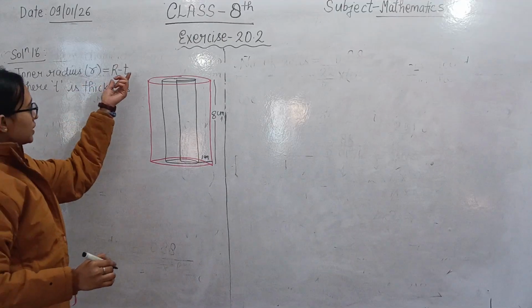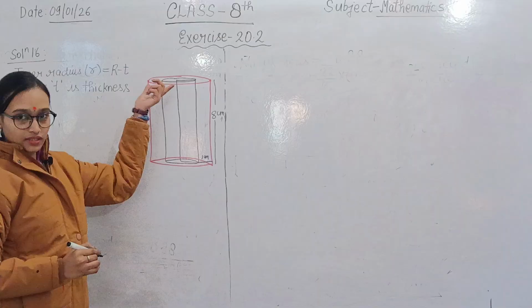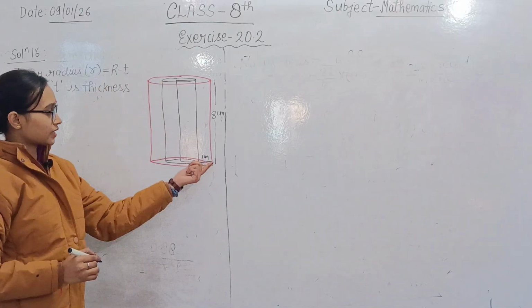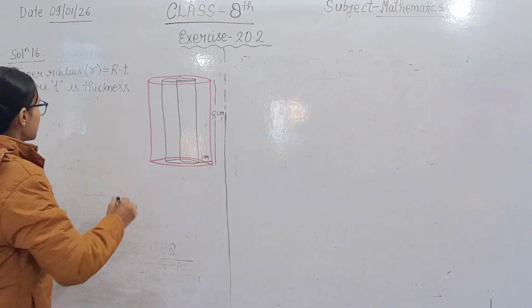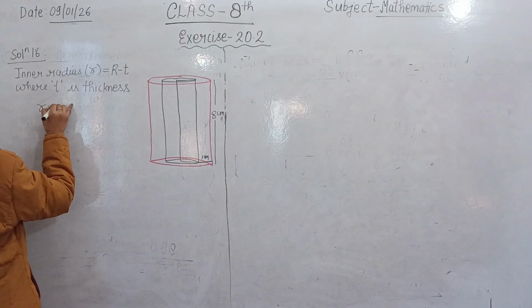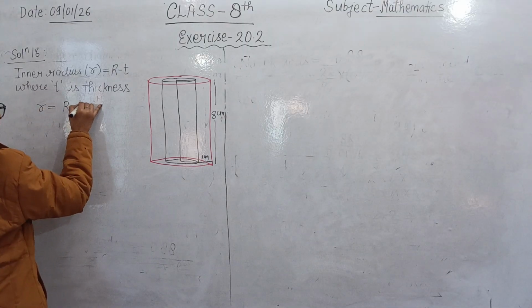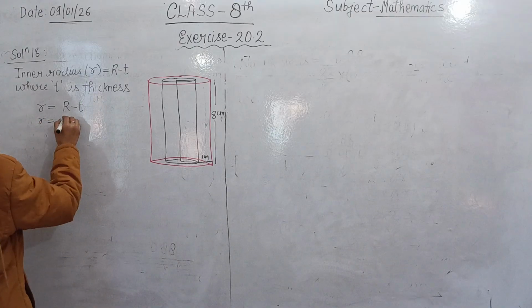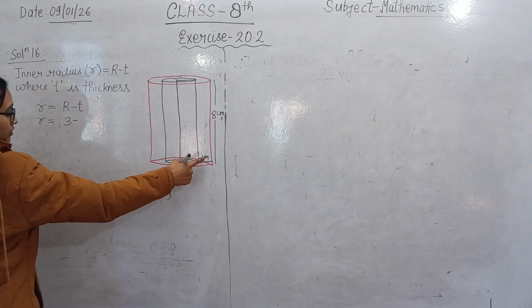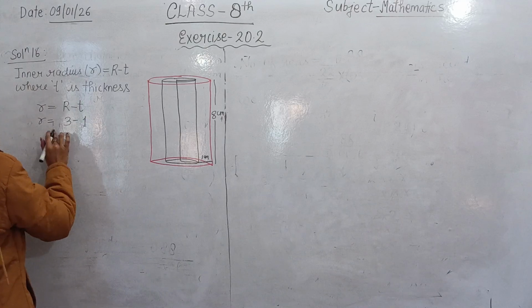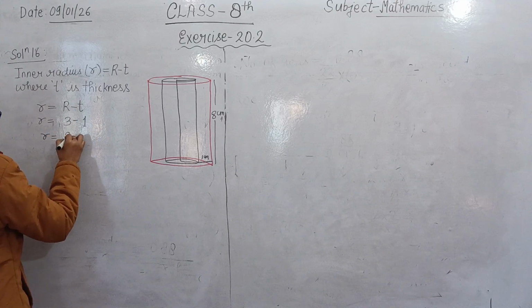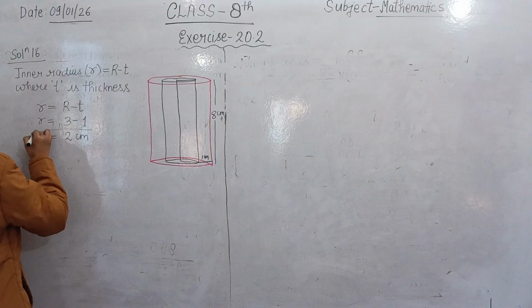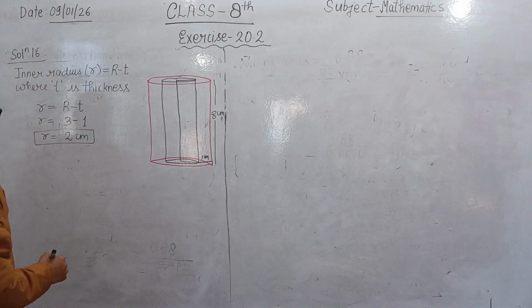We are given the outer radius, that is capital R, and thickness is given as 1 centimeter. So inner radius small r is equal to capital R minus T. Small r is equal to 3 minus 1. Small r is equal to 2 centimeter. So inner radius we have calculated 2 centimeter.